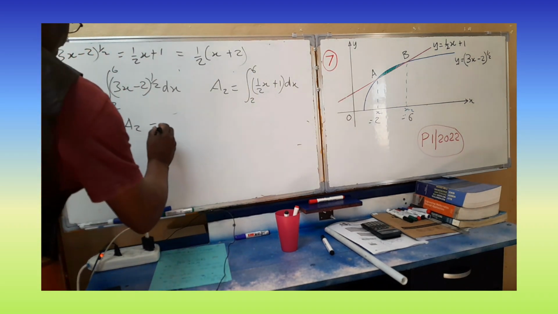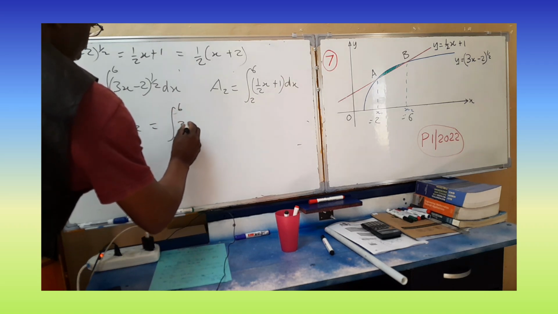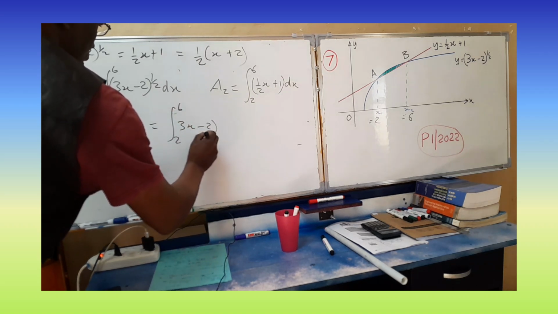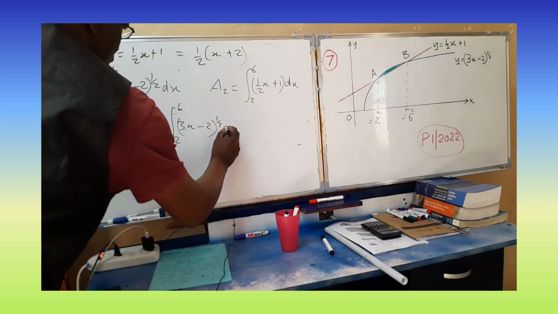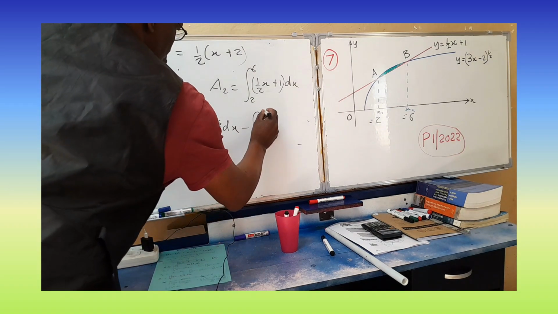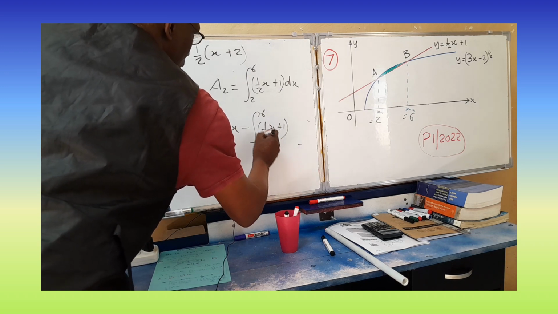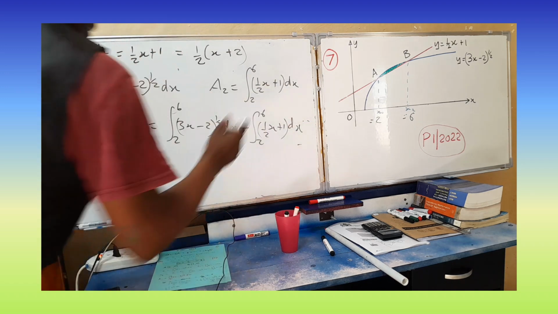So we can write it as the integral from 2 to 6 of 3x minus 2 to the power half with respect to x, minus the integral from 2 to 6 of half x plus 1 with respect to x.